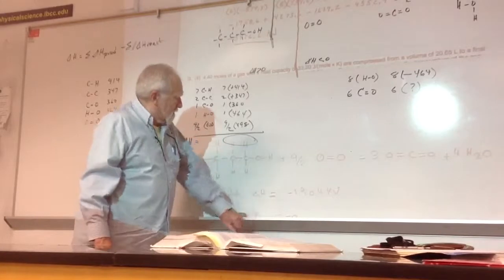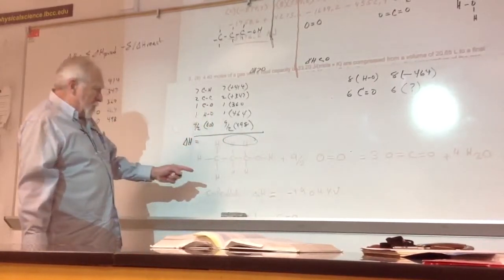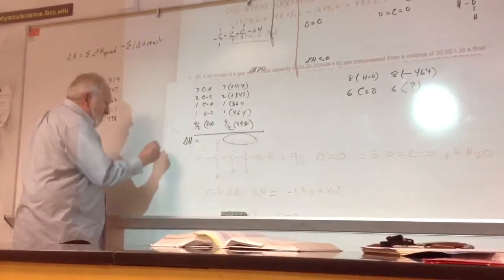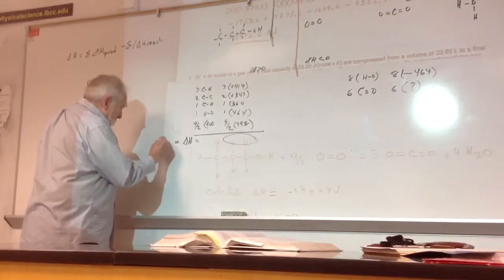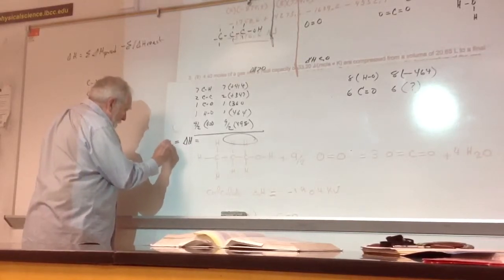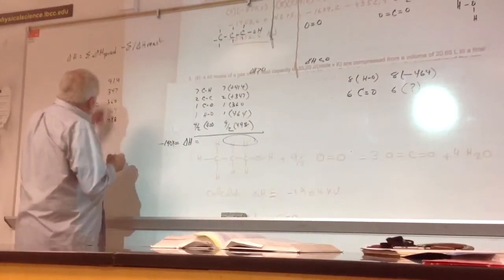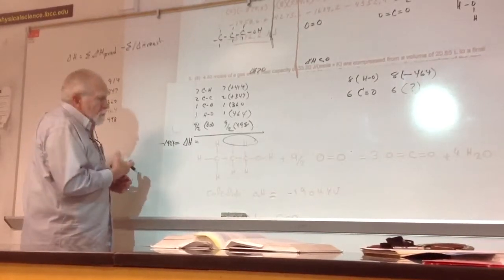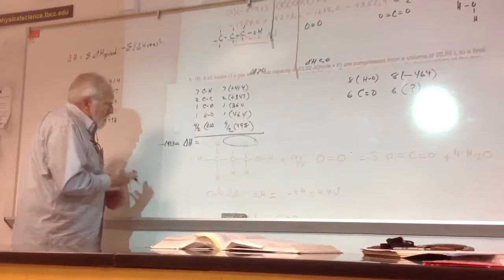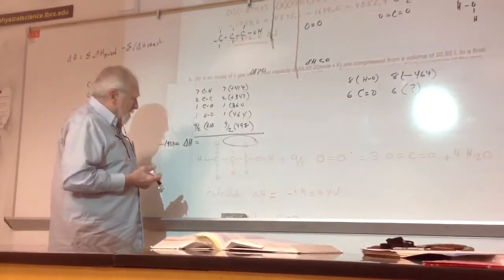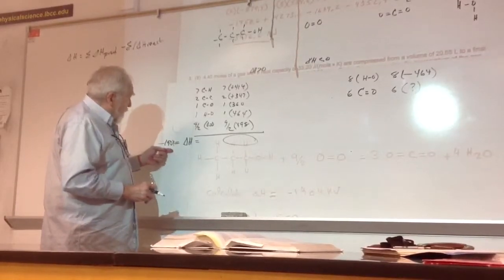So what it says is in the problem, delta H is minus 19.04 kilojoules. And by the way, in the bond energy table, these are always kilojoules per mole of bonds, because it takes a lot of energy to break bonds. Okay? So it's minus 94.